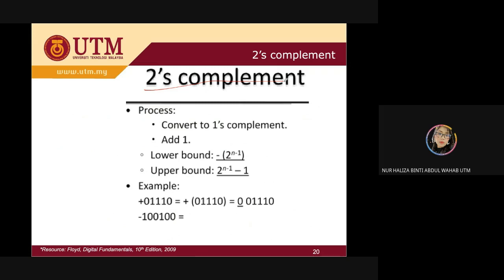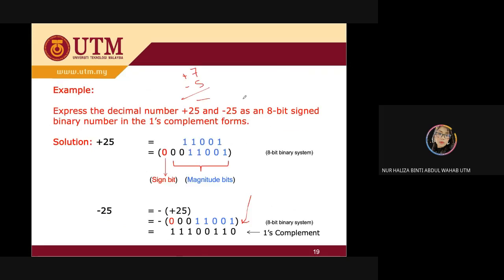Second complement continues from first complement. So if your answer for first complement is wrong, your answer for second complement will also be wrong. Because you can see the process is to convert the first complement, so your first complement value needs to be correct first.